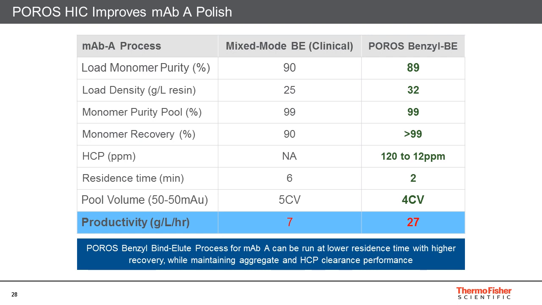And we do this all the while maintaining aggregate clearance performance. The overall productivity of the process was increased approximately 4-fold while hitting those CQAs. And also note here that the ATP was also reduced from 120 ppm to 12 ppm, offering that orthogonal host cell protein clearance to anion exchange.